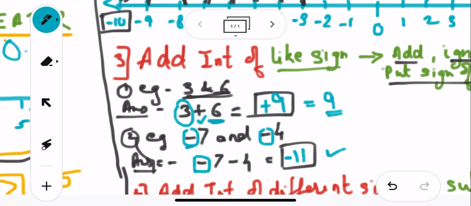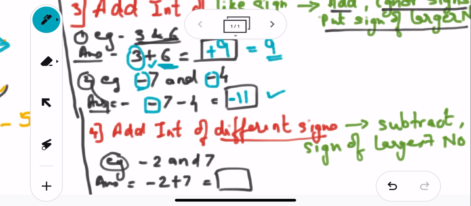If the signs on the two numbers are either both positive or both negative, you will do addition, and the sign you will use for your answer will be the sign of the larger number.